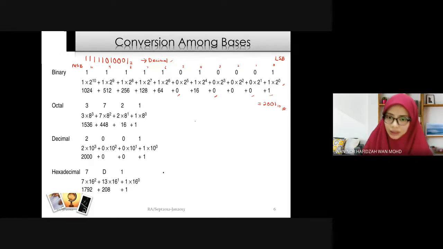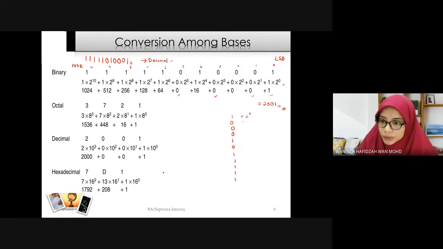So it's either of two ways. If you don't want to write it so long, because you can't see it properly, you can write vertically, this is horizontal. If you want to do it horizontally, make sure you start from LSB: 1 0 0 0 1 0 1 1 1 1 1.